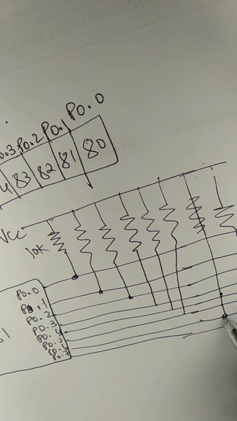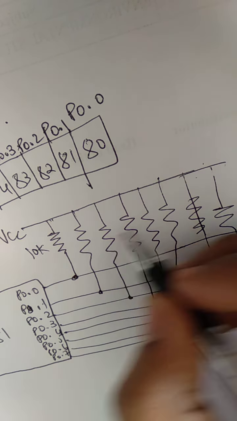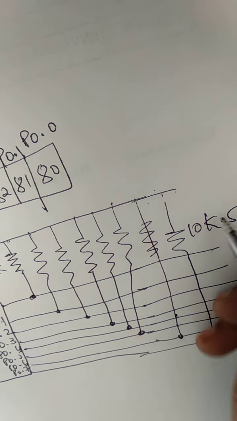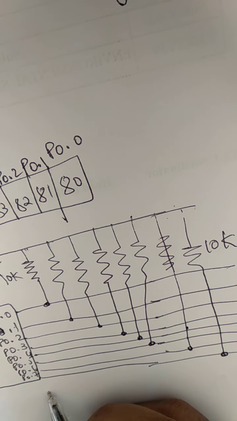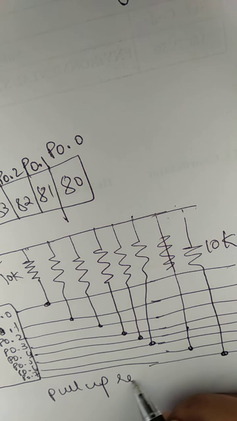Each pin is connected to an external 10 kilo ohm resistor, which is called a pull-up resistor.